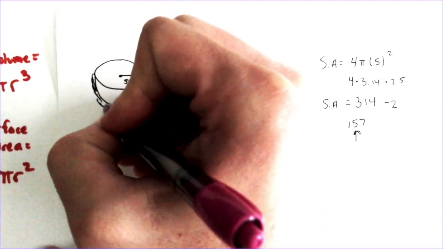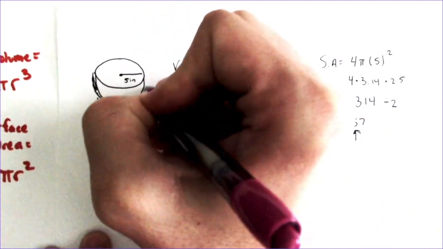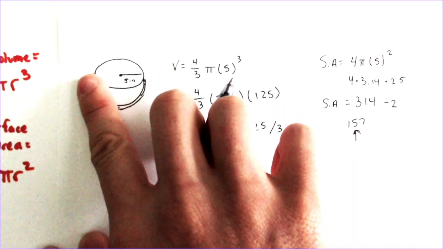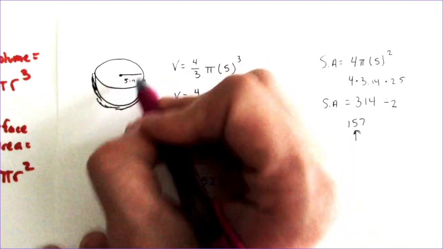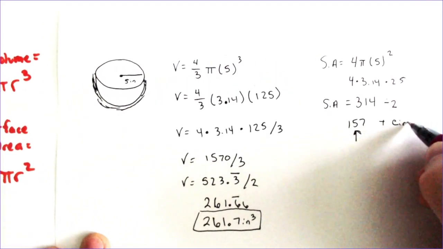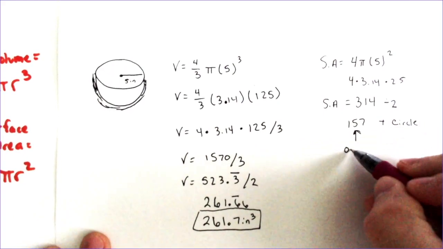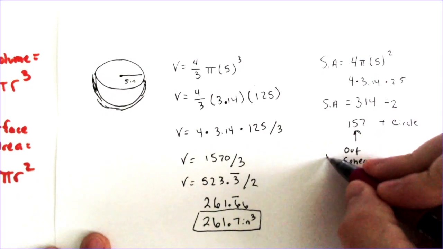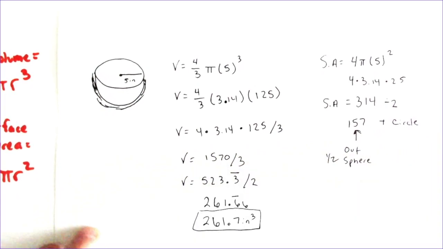Now, that is just half of the outside area, so that would be this part right here on the outside that I'm highlighting right now, all the way wrapping around this sphere. But we still have this cut surface of the circle on top, so now I have to add in that circle. This would just be technically half of the outside sphere stuff.